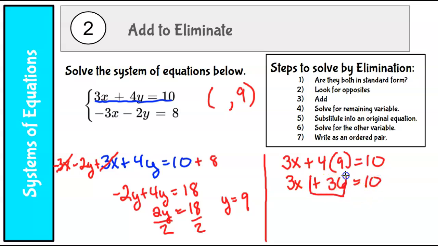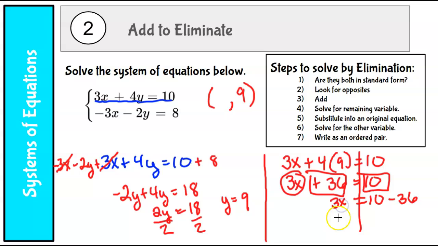I have 36 and 10 are like terms, and I want to get it on the other side. So I move it, I switch signs so that I can get those like terms on the same side, and I get negative 26, and then divide both sides by 3.